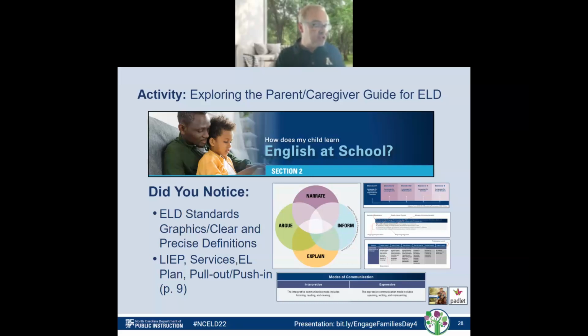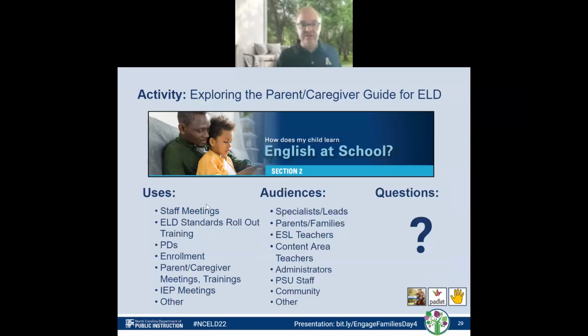And the section starts on page 9 by answering the question with an explanation of the Language Instruction Educational Program, or LIEP, and how the LIEP team helps determine the types of services multilingual learners are eligible for. It explains the EL plan and pull-out and push-in sessions. And now we will look for hands or take questions or comments from the Padlet.